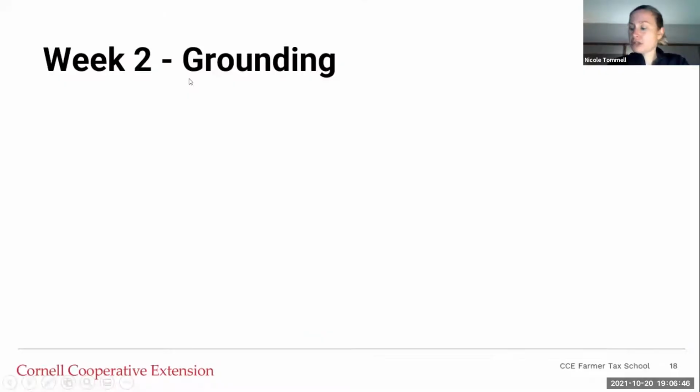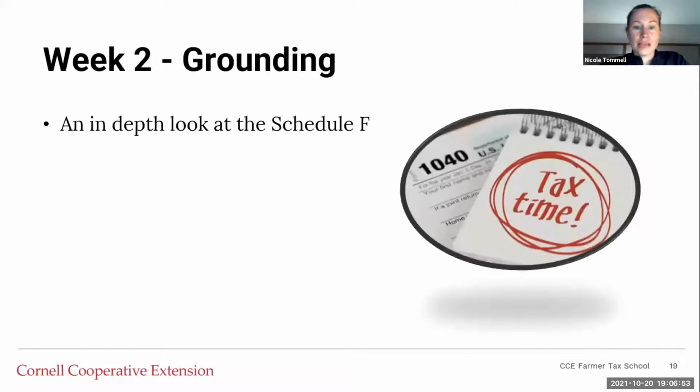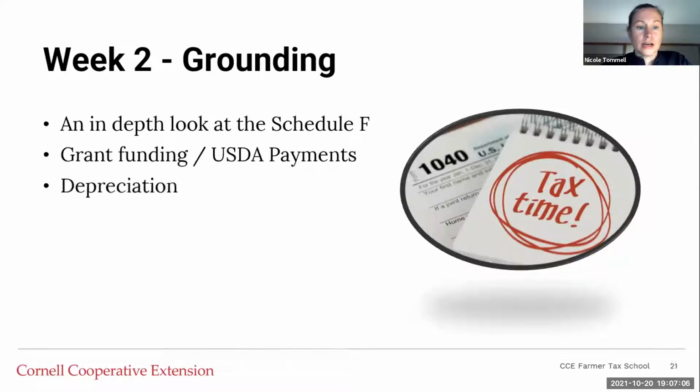Okay, so right now I'm just going to go over a few things that we are going to learn today. First is we're going to have an in-depth look at the Schedule F, and Caitlin's going to walk us through that. Let us understand the difference between income and expenses and how that looks. We're going to talk about grant funding and USDA payments and how that affects your income on the farm.